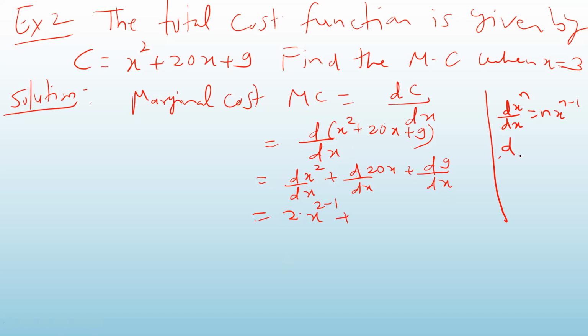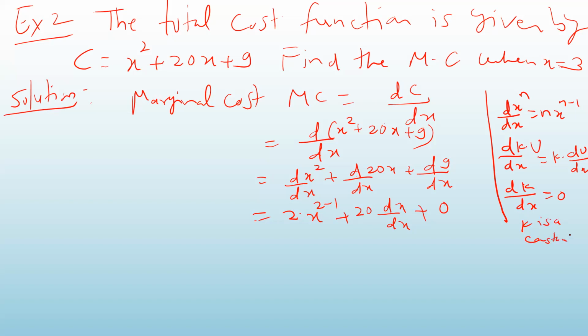Plus what is derivative of k into u, where k is a constant and u is a function of x. It is given by this second rule, scalar rule. So 20 is taken out and derivative of x. And what is derivative of 9? It is 0. Derivative of constant is 0. K means constant. Okay. K is a constant. So 9 is a constant.